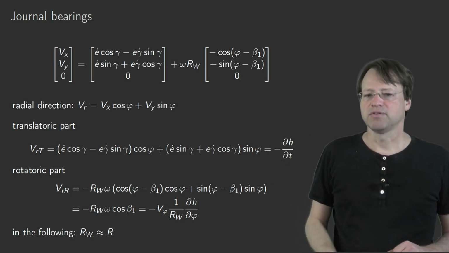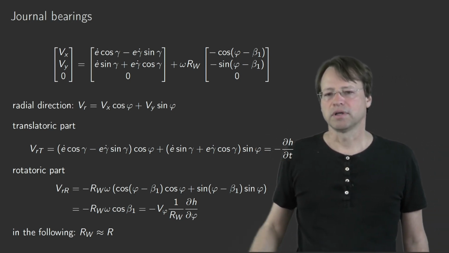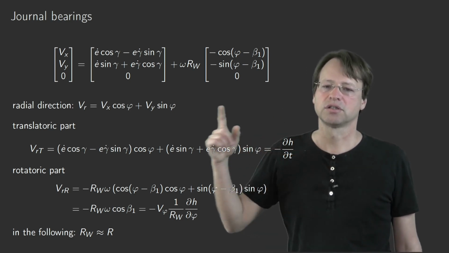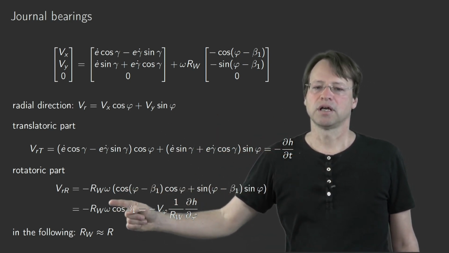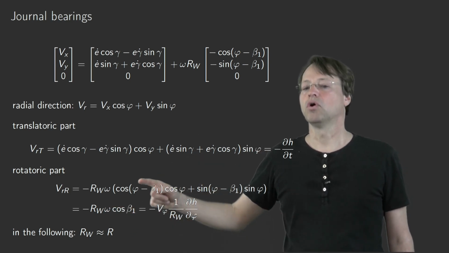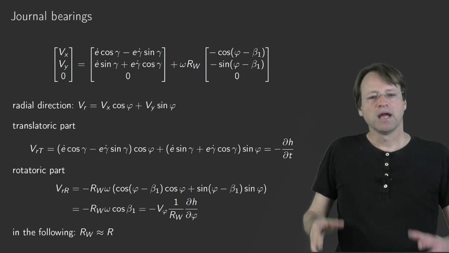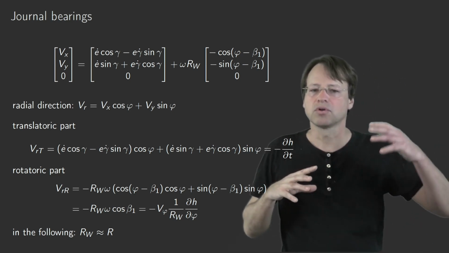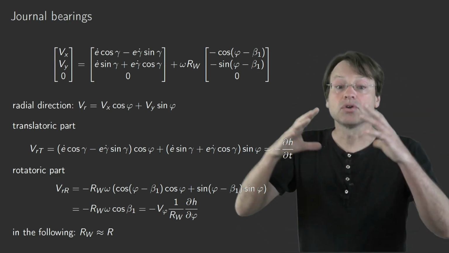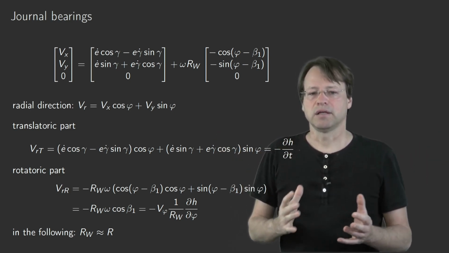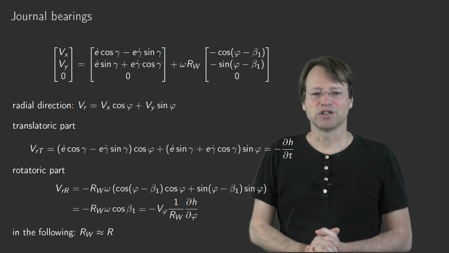And the results can be found here. For the circumferential direction, it's just omega times r sub w, or omega times r with this simplification. And now we have to go back to the continuity equation, insert everything in the continuity equation, and then we have the Reynolds equation.